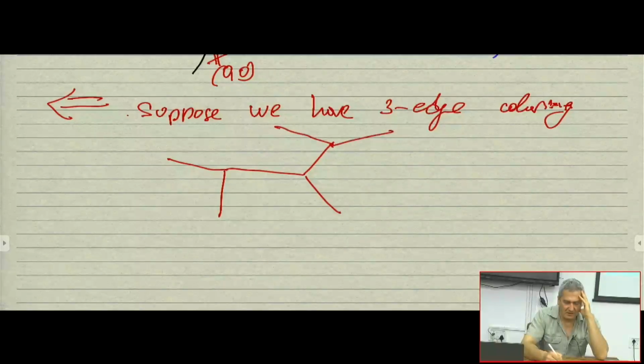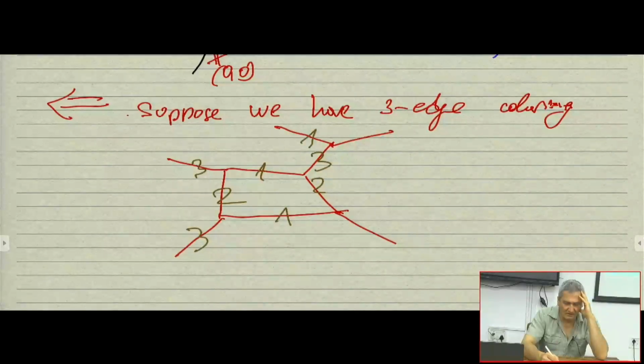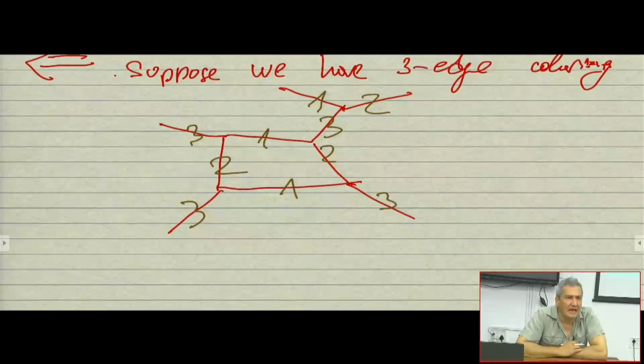Okay? So our cubic graph looks like this. One, two, 3, 3, 3, 1, 2, 3, yes, and so on. Okay? Our cubic graph looks like this. Now you tell me this.